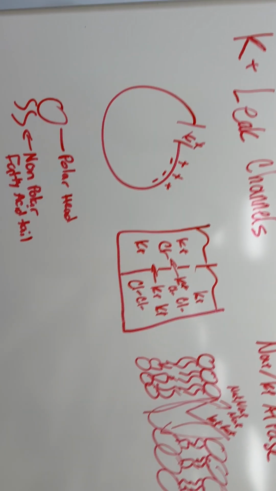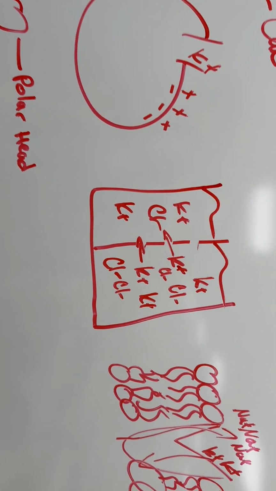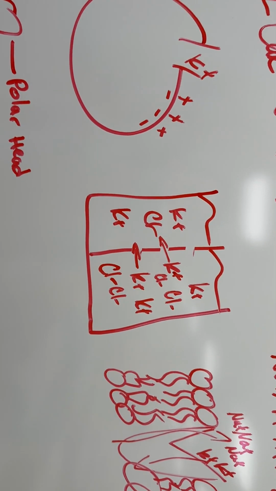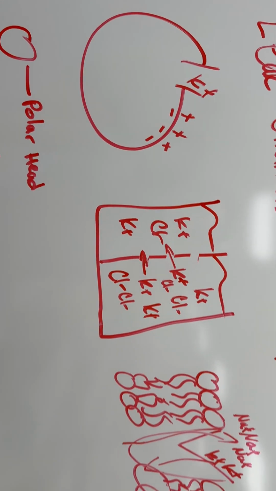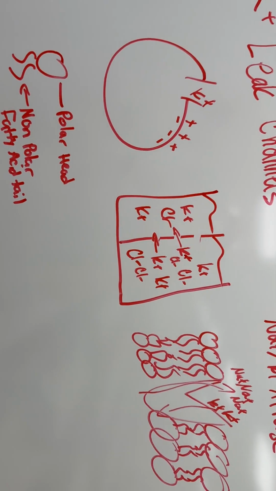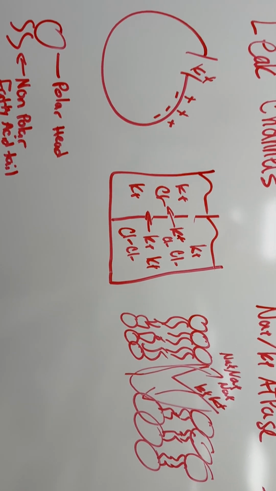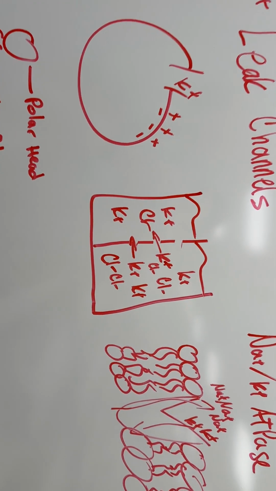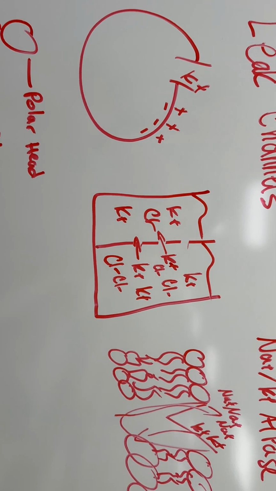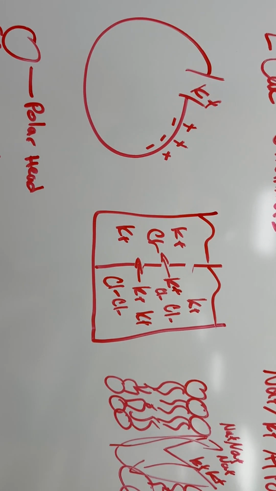We can measure this. So imagine we have a container of solution here separated by a membrane that is only permeable to positive charge. So what's going to happen is the positive charge, since it has that membrane it can go through, is going to diffuse down its concentration gradient from high concentration to low concentration.